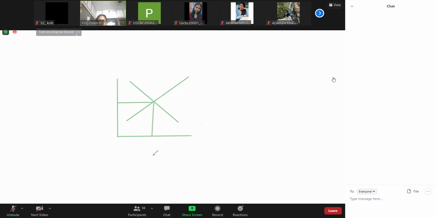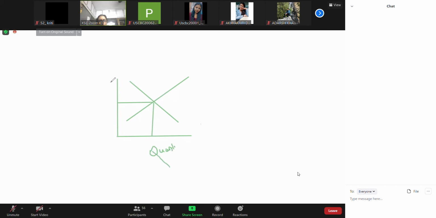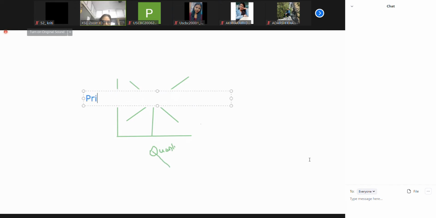We are taking quantity on the x-axis and price on the y-axis. This is the original equilibrium point. We have discussed excess supply and we have not discussed excess demand. Let me discuss that again.